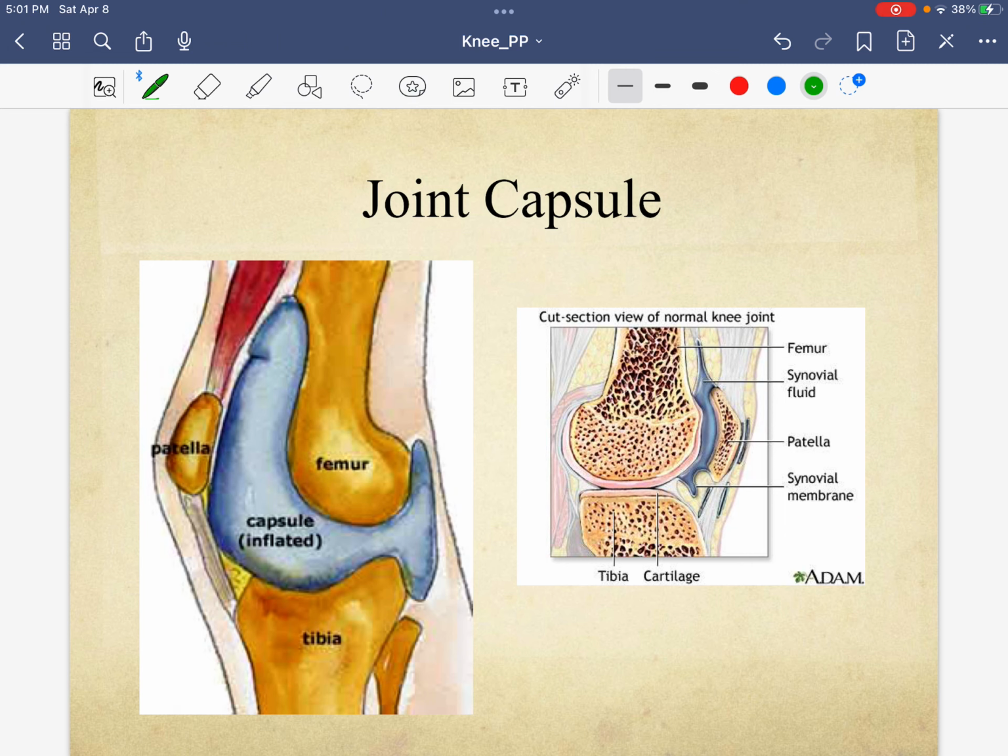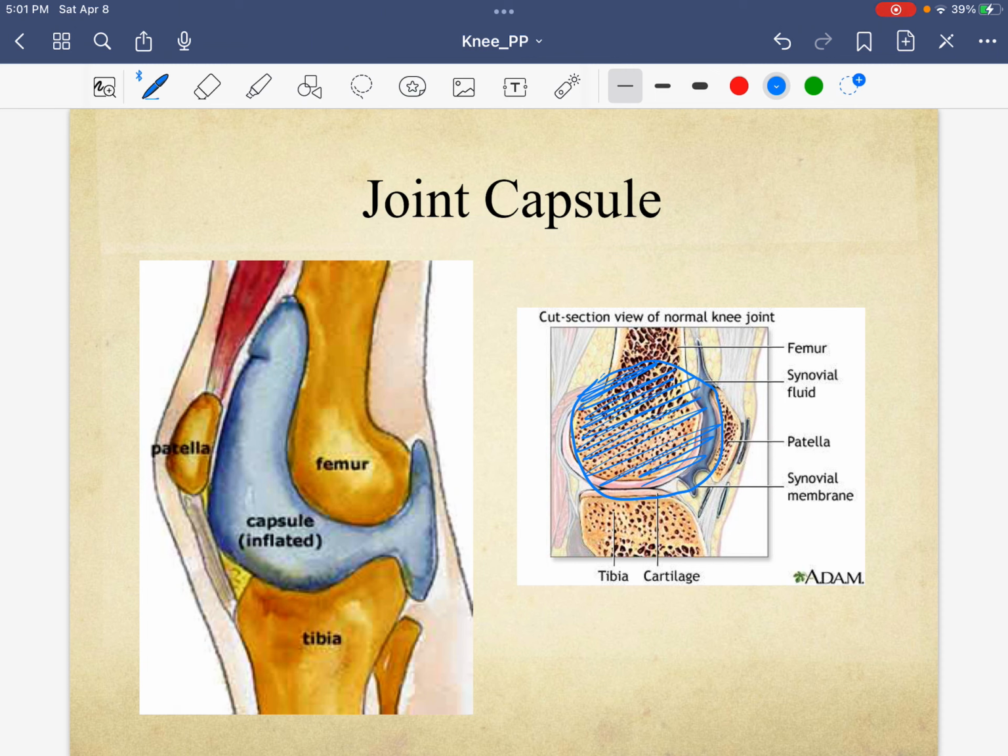The joint capsule tends to cover most of the tibiofemoral and the patellofemoral joint. It's kind of hard to really visualize. If I was going to draw the joint capsule, I'd kind of draw it like that. So it encapsulates both the tibiofemoral and the patellofemoral.